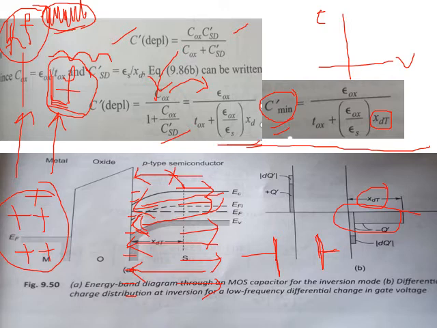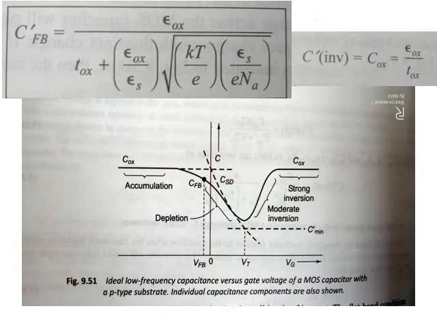Okay. So our graph changes. It depends on frequency. For low frequency the graph will be different, and for high frequency the graph will be different, right? So here I have the graph. Yesterday I had explained this graph also. During accumulation, the capacitance will be maximum. Why will it be maximum? Because what happens in accumulation? Here I give a negative potential.